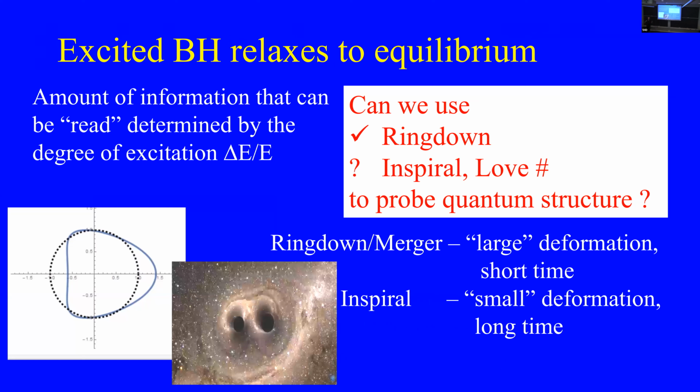During the merger, you have a large excitation and decay to equilibrium, and during an in-spiral, you have a small transfer of energy from the orbit to the internal degrees of freedom if you have an internal structure, and that is the mechanism that allows you to do it.